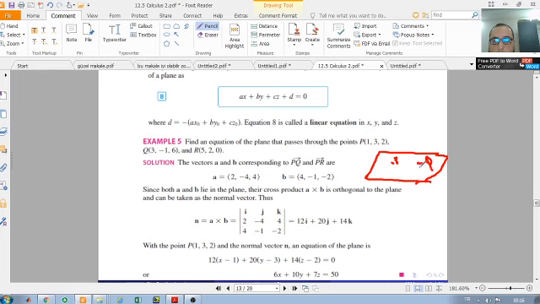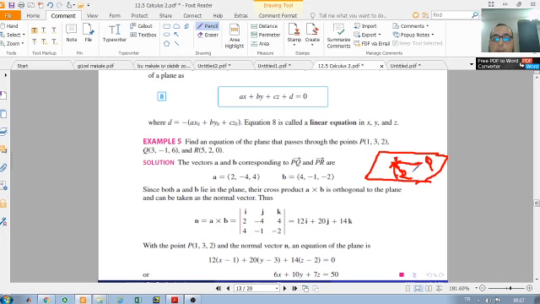By using them we obtain 2 vectors on the plane: if we combine the points P and Q, and P and R, we obtain 2 vectors on the plane.